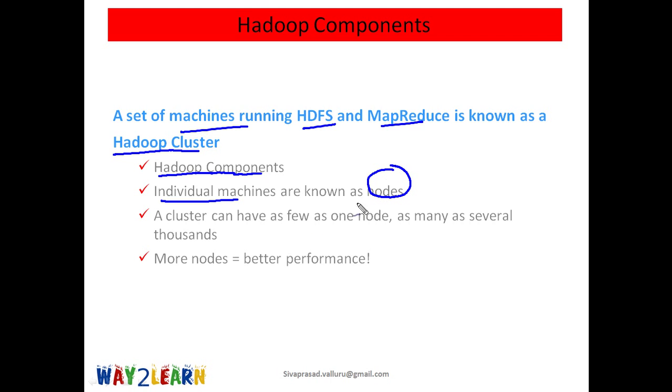So a cluster can have as few as one node to as many as several thousand nodes. The more nodes you have in your cluster, the better will be the performance.